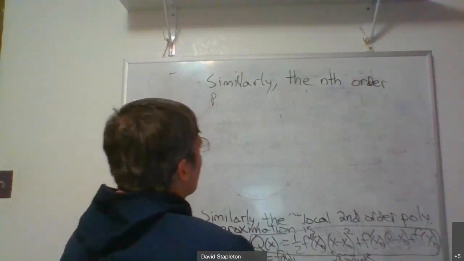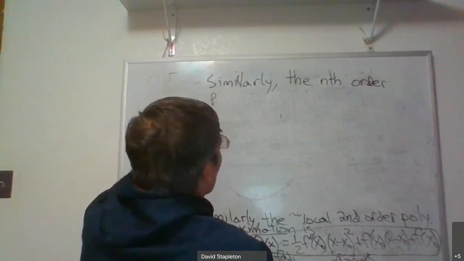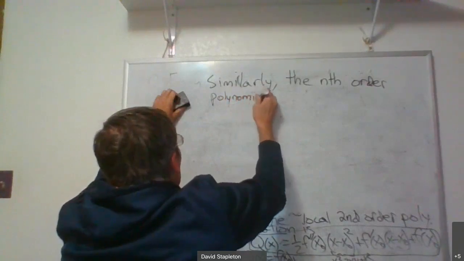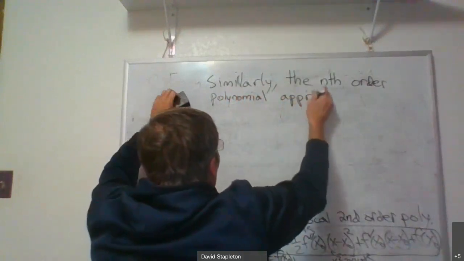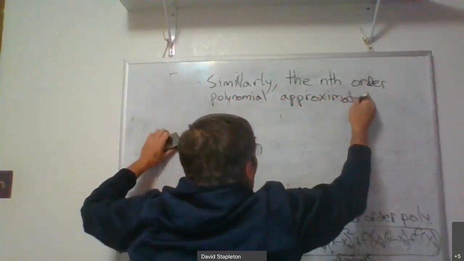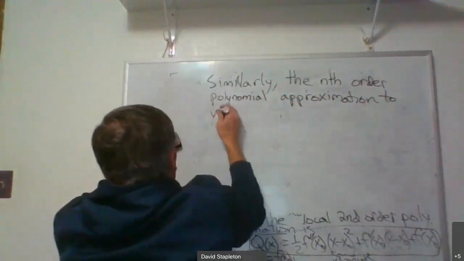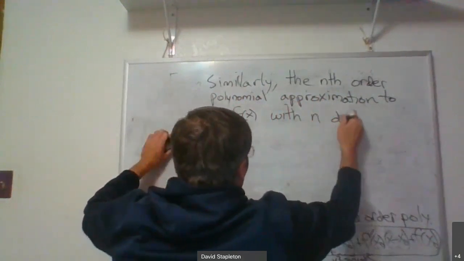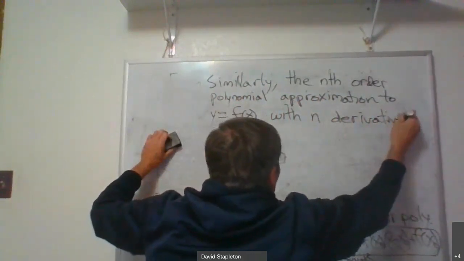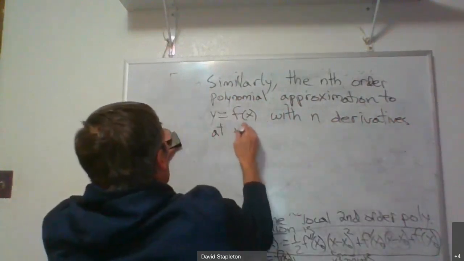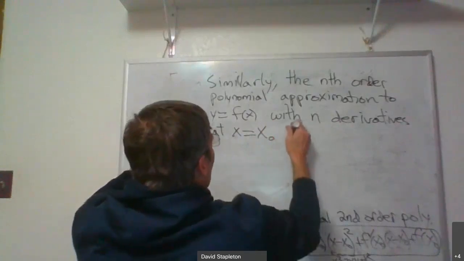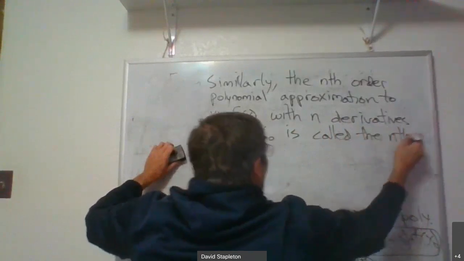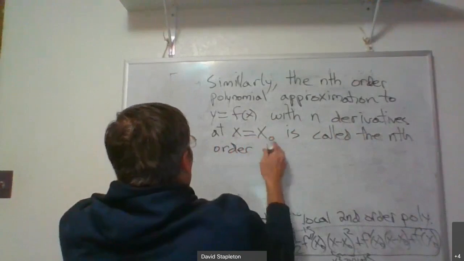In general, it's an nth degree polynomial. We'll say nth order in case the highest power is 0. The nth order polynomial approximation to a function y equals f that has n derivatives is called the nth order Taylor polynomial.